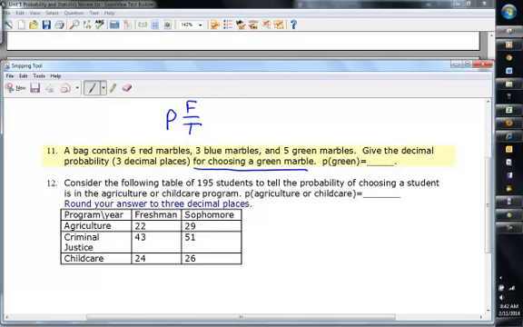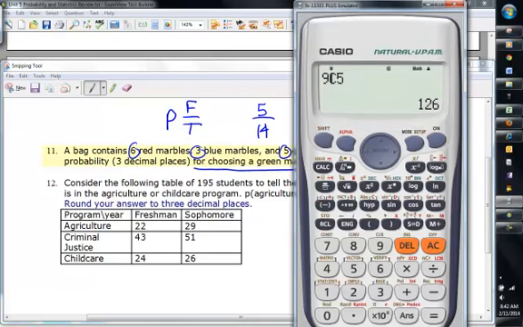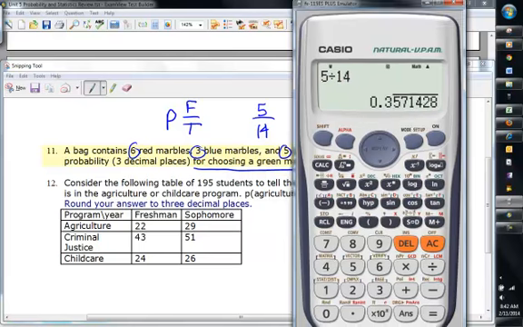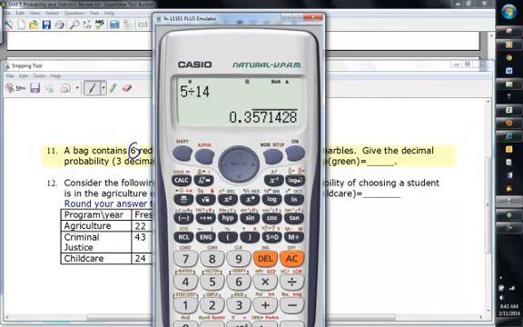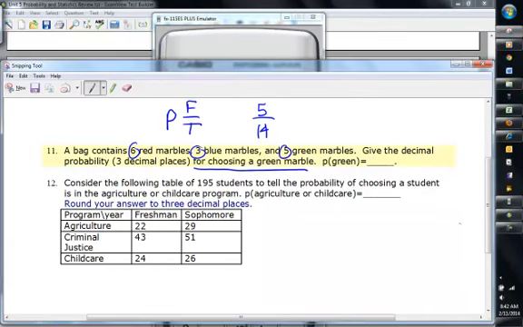So we want green, which is 5, out of 6 and 3, and 5 makes 14. 5 out of 14. 5 divided by 14 is 0.357, 3 decimal places. Next one.